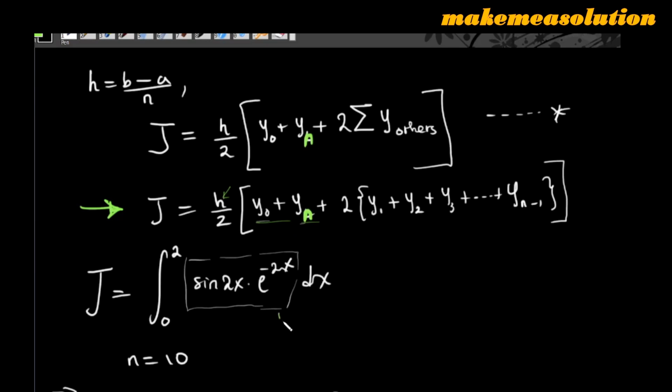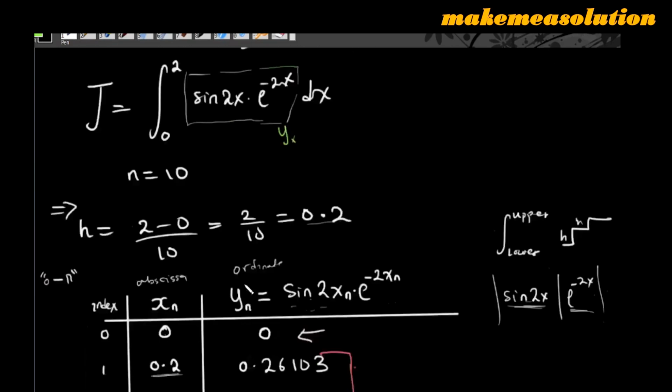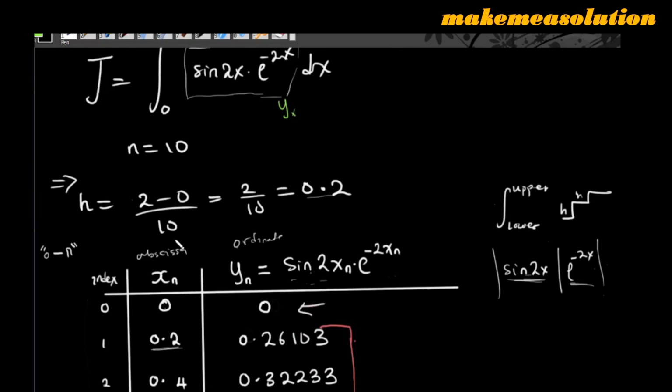So this is your y of x. Okay, so your y of x, you can actually evaluate your y by substituting the corresponding value of x. Remember, x moves from the lower limit of the integral to the upper limit of the integral in steps of h.